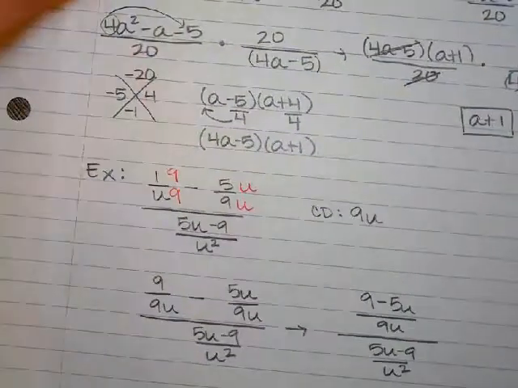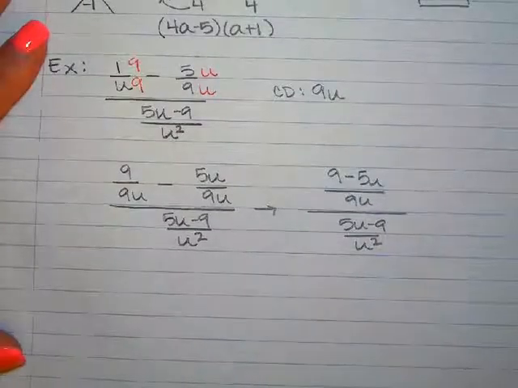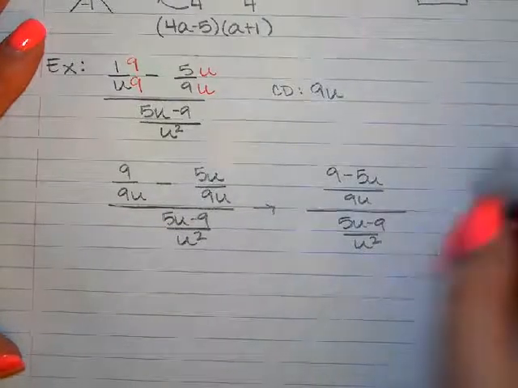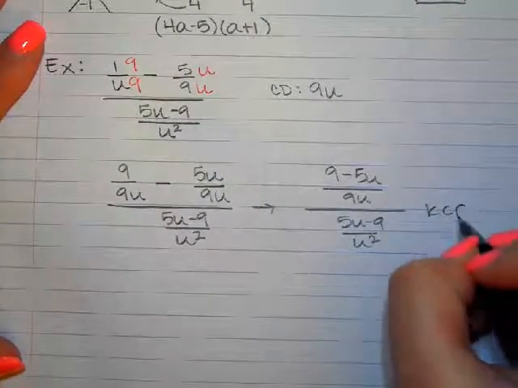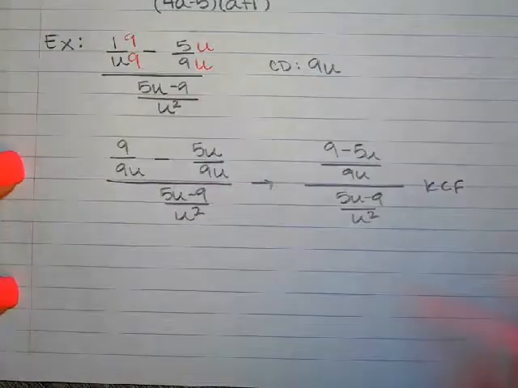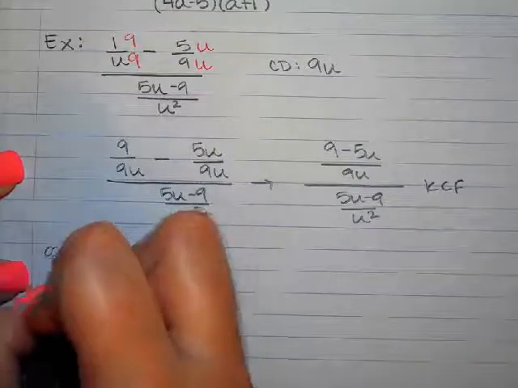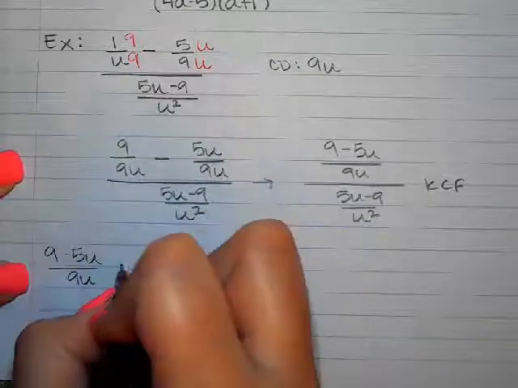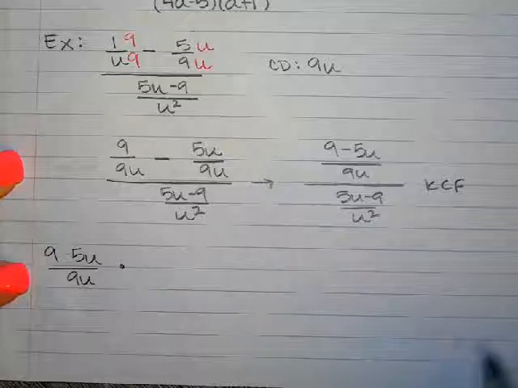Okay, so at this point, I have a fraction divided by a fraction. This is when I keep it, change it, flip it. Keep the top the same, change it to a multiplication problem, flip the bottom.